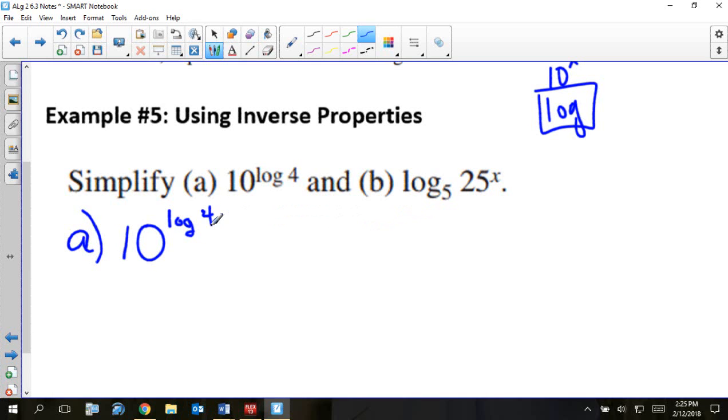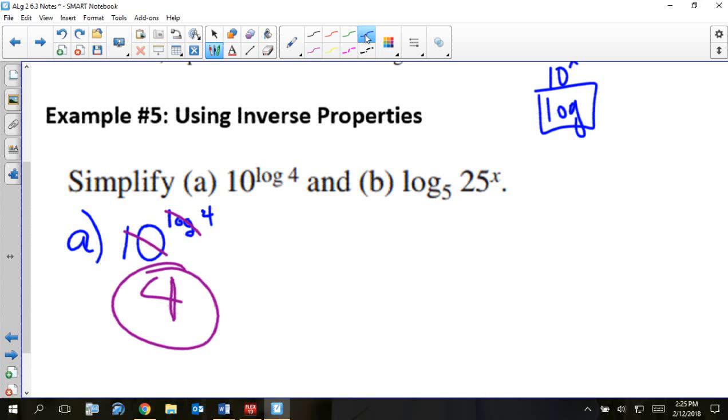There isn't a little number written there, so I know it's base 10. If I have 10 to an exponent, and in that exponent I have log base 10, they undo each other. They cancel each other out, and what do I get left over? It's just 4. The answer to A is 4.